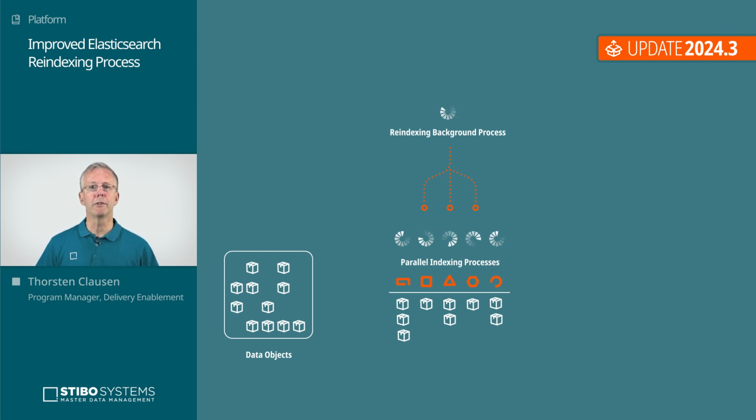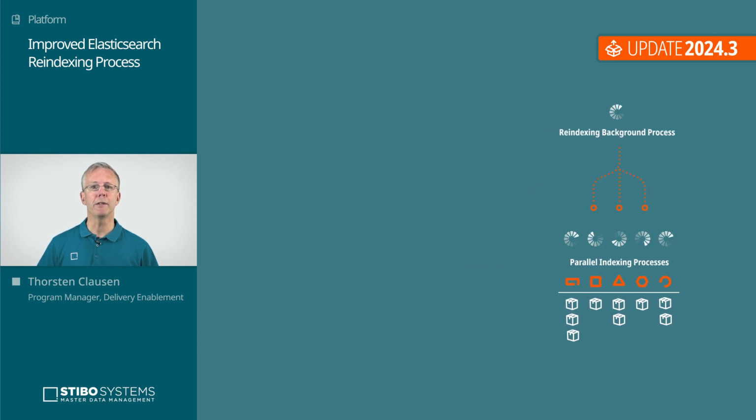By separating the reindexing process from the event queue in this way, reindexing can be performed in parallel to the data change flow, ensuring a more up-to-date index for the business users by considering incremental changes.